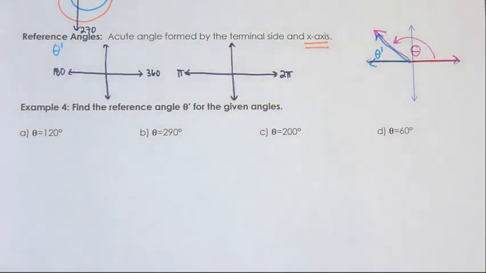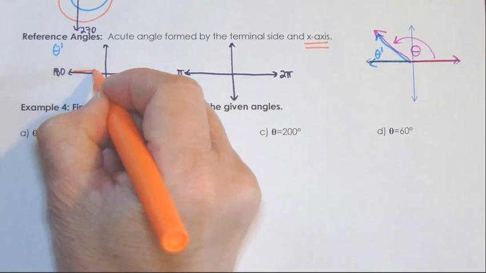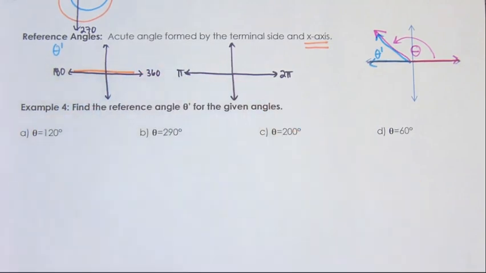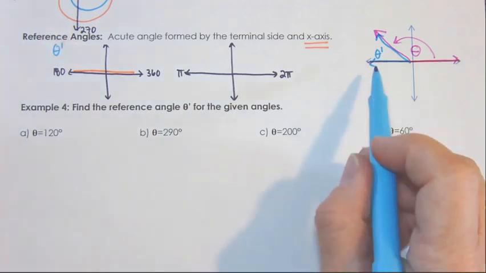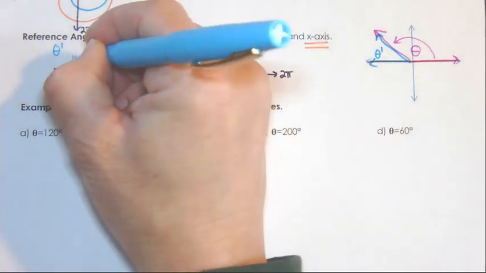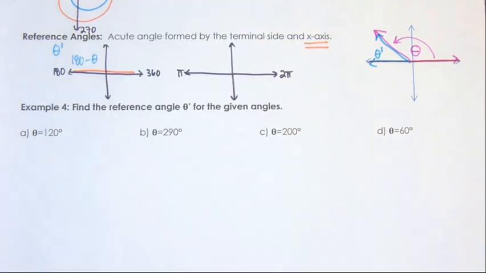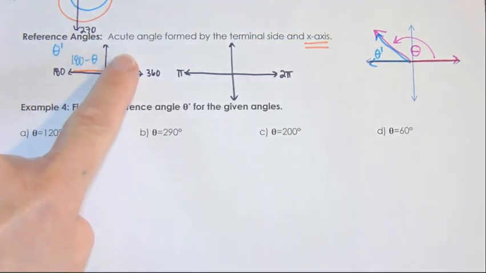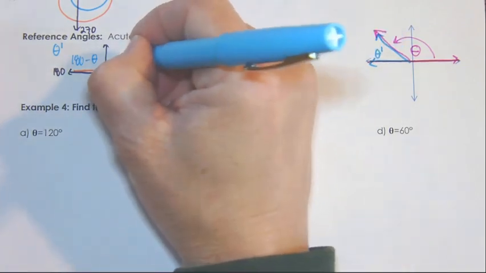All right, so this is just a little help guide, and after we start doing some practice, it'll make more sense. I only labeled the x-axis because that's all I really care about there. So I just put a 180 and a 360. If I make an angle that ends up in this quadrant, we're going to find the reference angle by doing 180 minus theta. If I want the reference angle in this first quadrant, it's just going to be the same as theta.